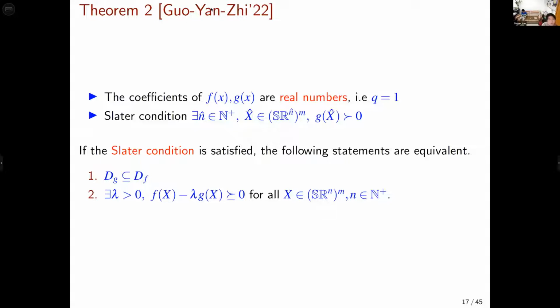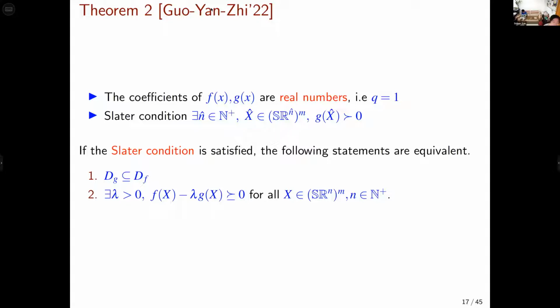In this case, the coefficients of f and g are real numbers, so we can also say q equals 1. Theorem 2 can be seen as a special case of Theorem 1, but the projection is not necessary.